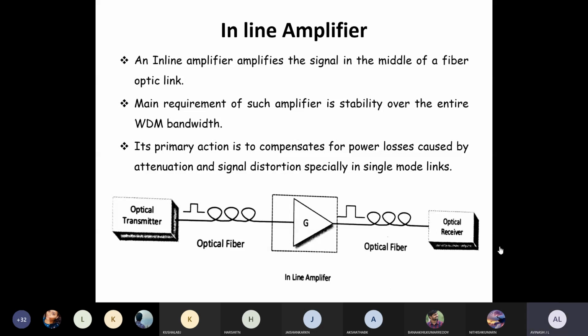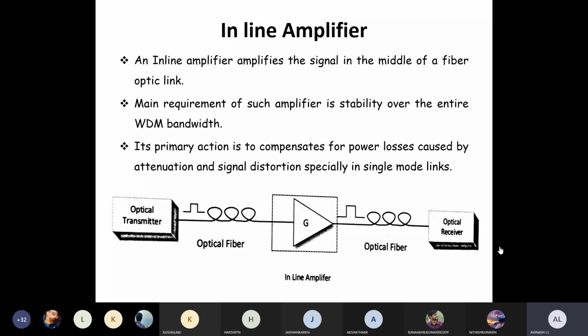For multi-mode links it is not a good idea to use the inline amplifier. Why? Because in single mode, one particular wave passes through the entire optical fiber, so one amplifier is required.